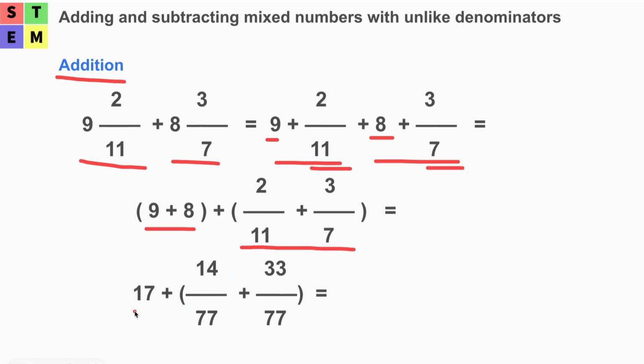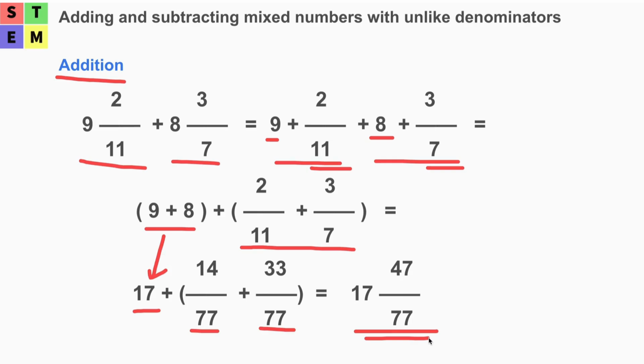So that is 17 plus 14 over 77 plus 33 over 77. We just need to calculate 14 plus 33, right? So we'll have 17 and 47 over 77.